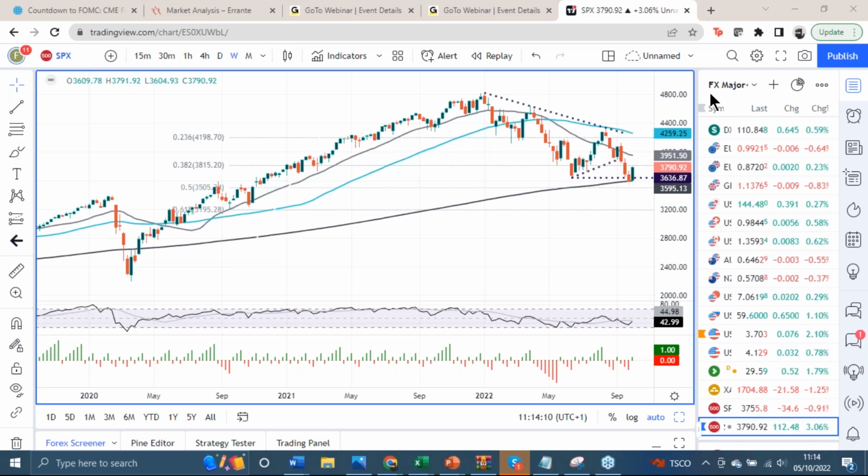Certainly there's a lot of uncertainty around the UK, but that said, some of these U-turns are obviously positive for sterling and for UK assets, and we've seen that in cable, in sterling against the dollar.